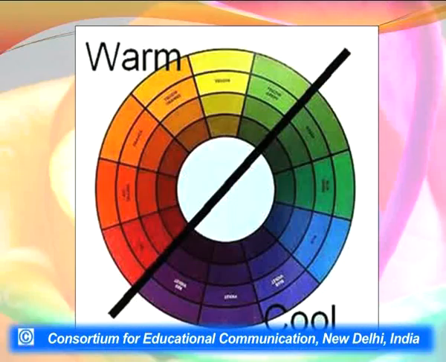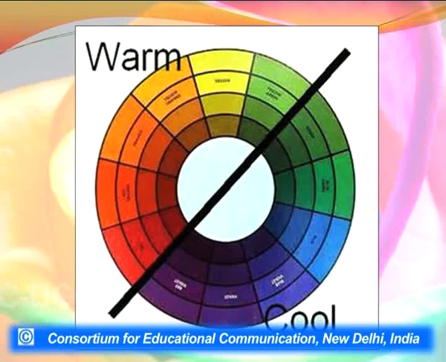Now this photo will give you a clear picture of warm hues and cool hues. You can find different colors in different shades. Exactly half of the color wheel is cool and half of the color wheel is warm.